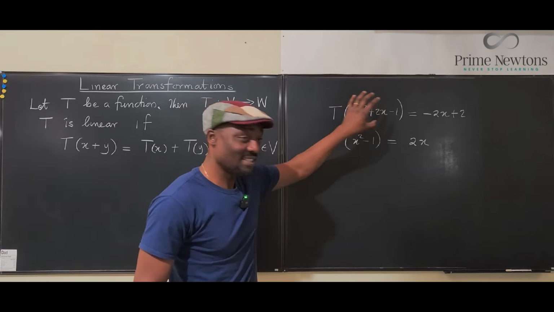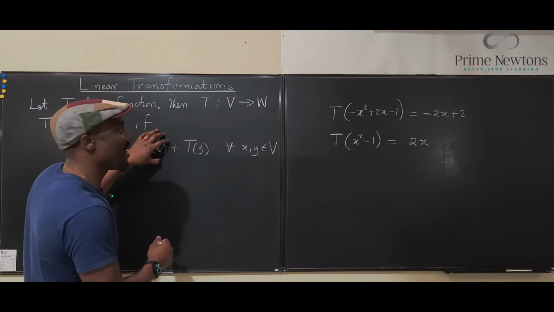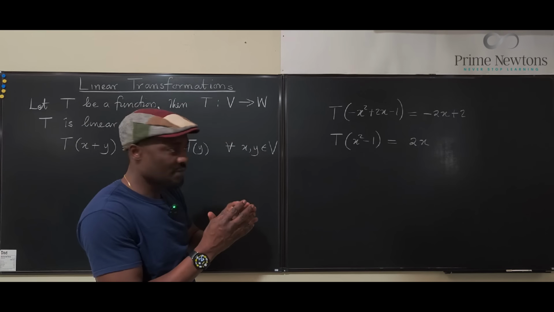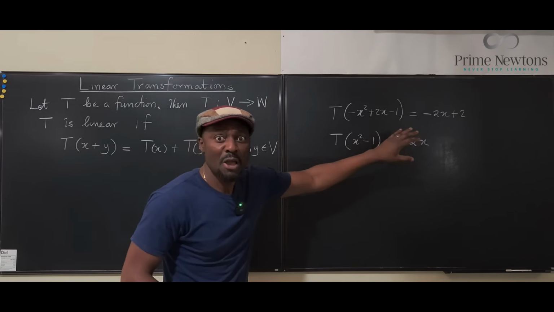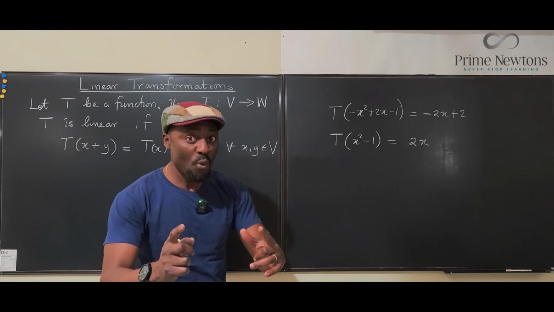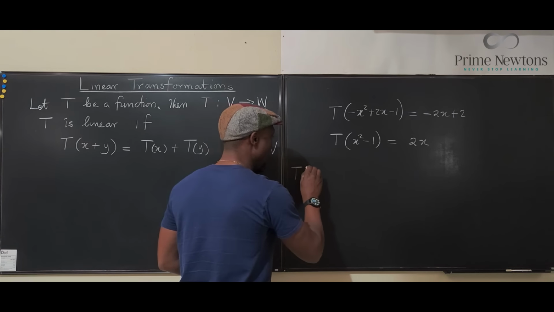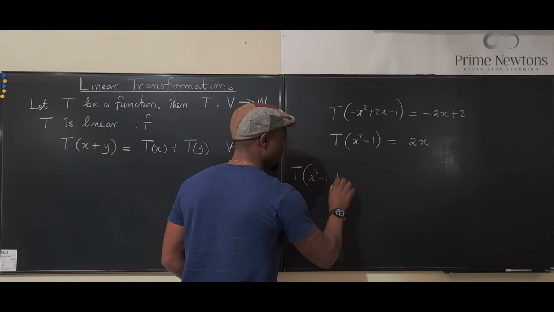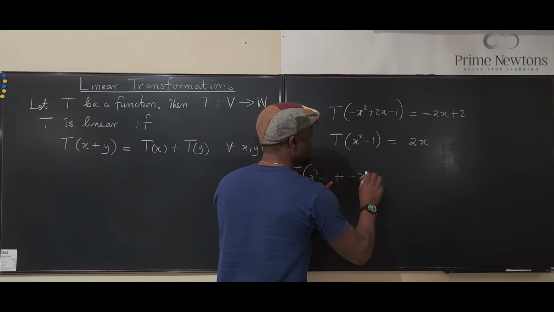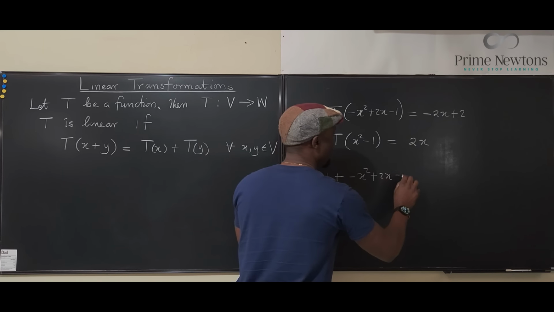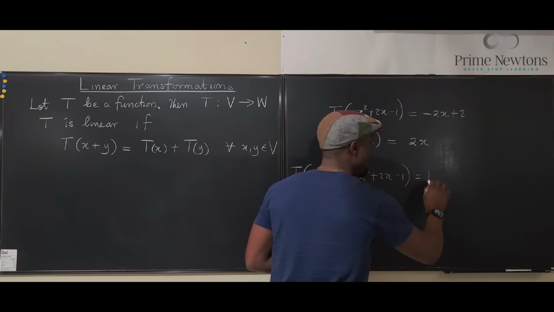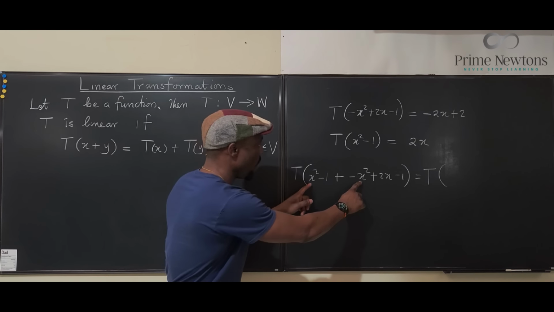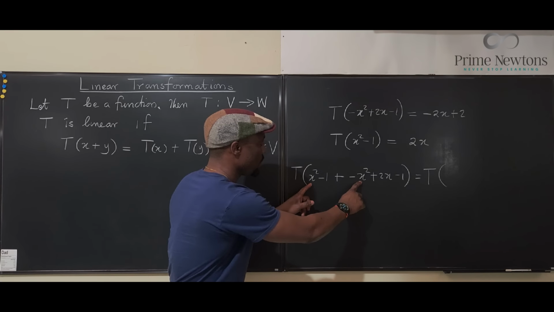So let's say this is a quadratic that represents maybe our x, a vector, and this is another vector coming from here. You can transform them separately, but you can still transform them together. Watch this. If I add them together first, let's say I add x squared minus 1 to negative x squared plus 2x minus 1, there's no more x squared.